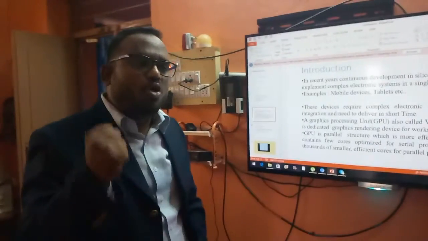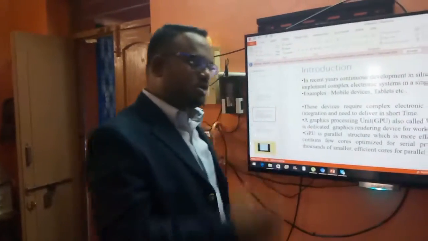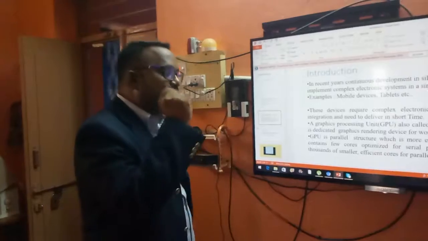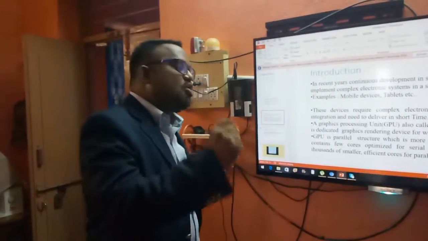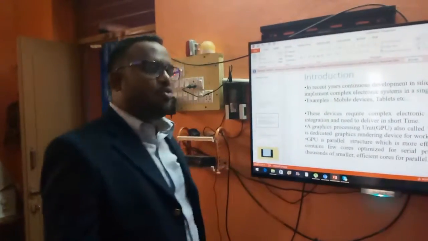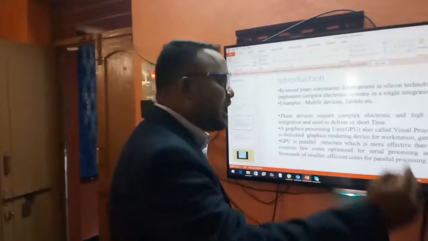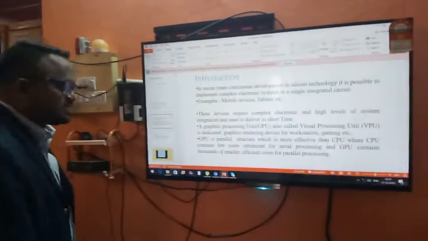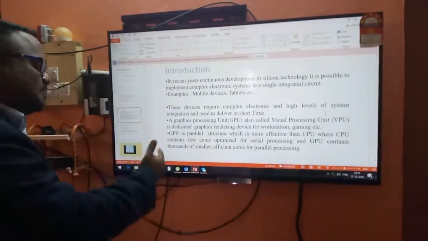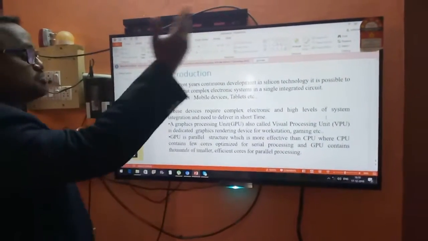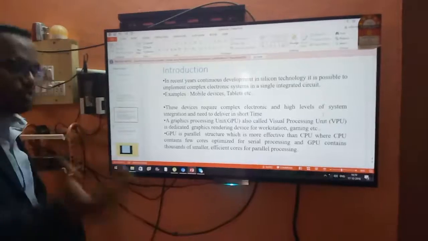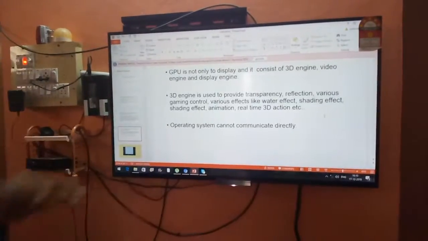GPU is the most powerful. Why? Because the GPU contains a parallel structure more effective than the CPU. The CPU contains only a serialized structure and fewer cores, whereas the GPU contains thousands of efficient cores for parallel processing.